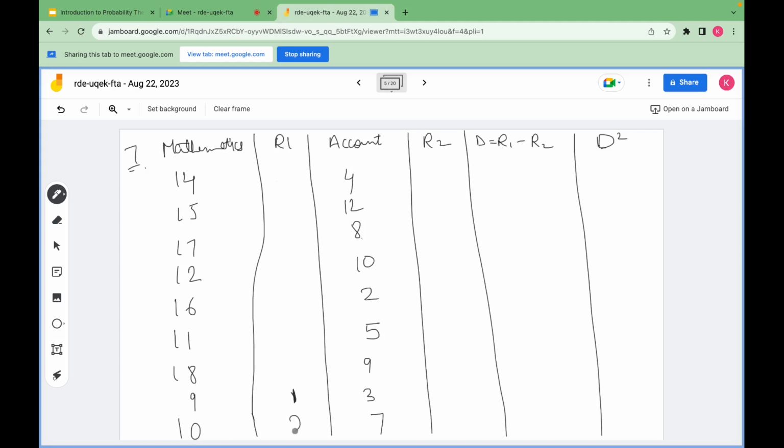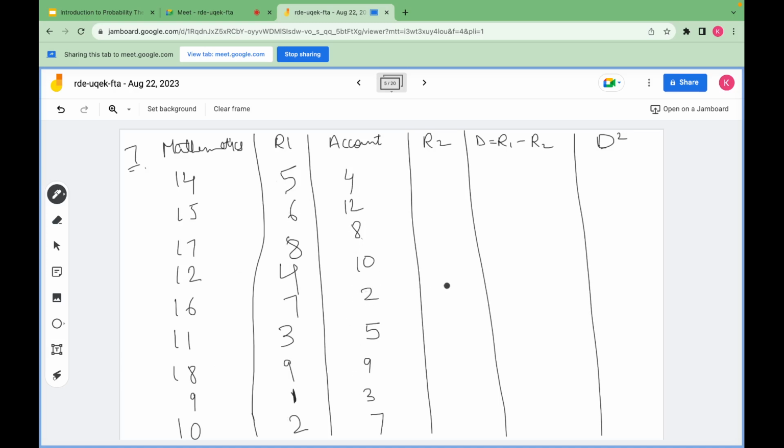This 10 will be ranked as 2, 11 will be ranked as 3, 12 will be ranked as 4, then 14, then 15, then 16, then 17, and then 18. Okay, we ranked the data. These are the ranks. Similarly, we will give ranks to this column as well.